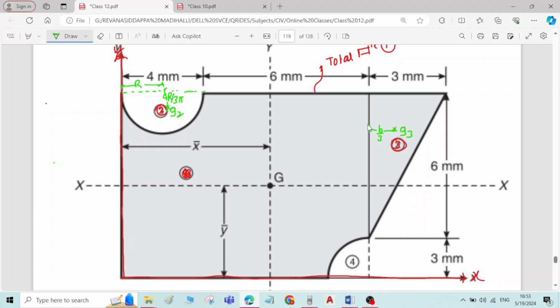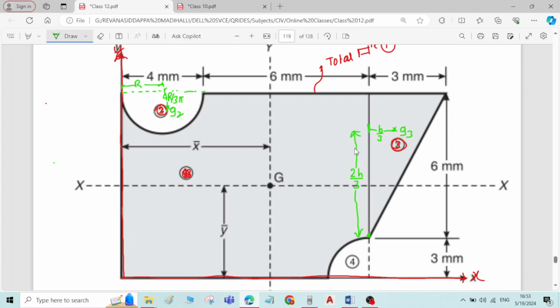And if you write y bar formula, the distance is going from the point, so it is 2/3 of h, 2h by 3. Okay, the distance is going from the point, that is why 2/3. If it is going from the line, it is 1/3.